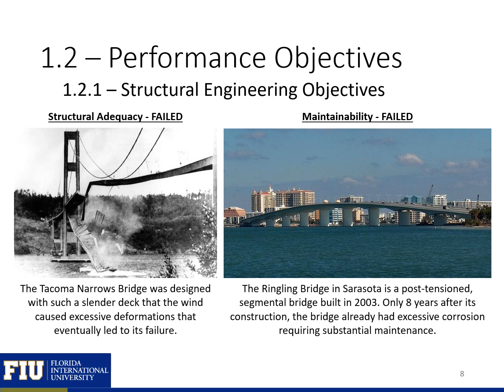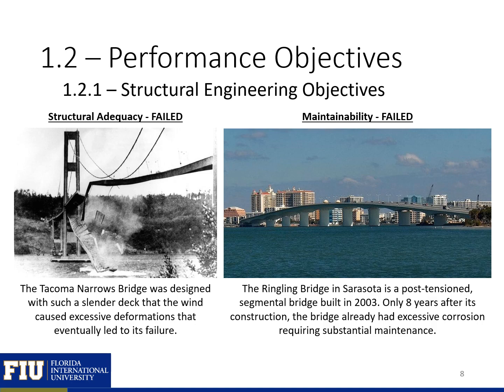It had a very slender deck, and the wind caused excessive deformations or excitations of the deck, so much so that the bridge was nicknamed Galloping Gertie. The bridge eventually collapsed under 40-mile-per-hour winds on November 7th, 1940, only 4 months after being open to traffic. So this is an example of failed structural adequacy.